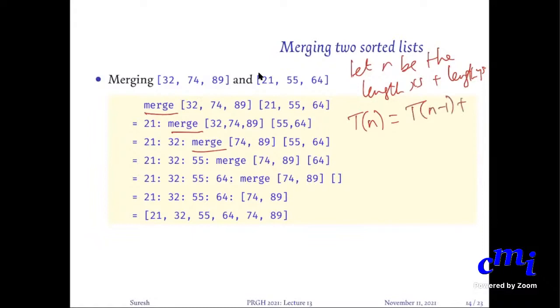The extra work you do is just sticking something in front of a list, just doing this 55 colon. You're just putting an element in front of a list. That's all. So T of n equals T of n minus 1 plus 1.